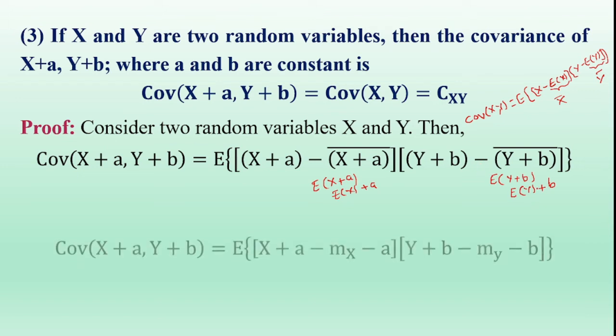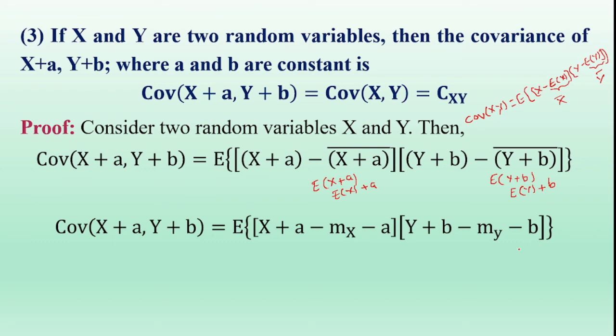We get the expectation of (X plus a minus expectation of X), which is also denoted as mx, so minus into plus minus a, and (Y plus b minus expectation of Y), which is also denoted as my, minus into plus minus b. Now plus a minus a cancels, plus b minus b cancels.